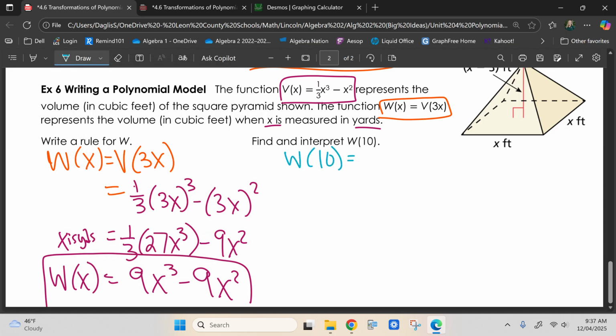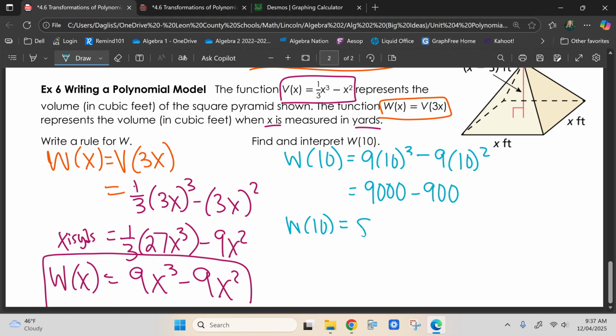We're going to change the x's to 10. So 9 times 10 cubed minus 9 times 10 squared. That is 9 times 1,000, which is 9,000. That is 9 times 100, so minus 900. So w of 10 equals 8,100.